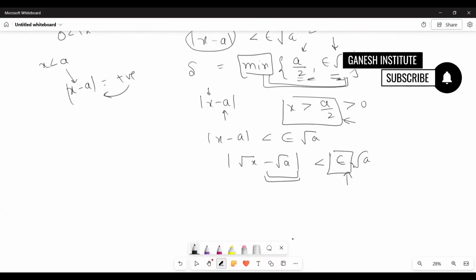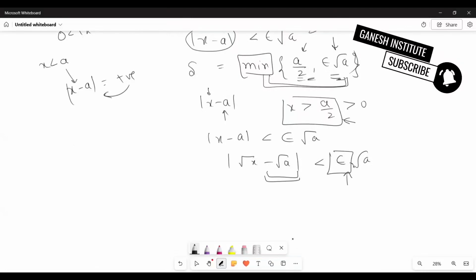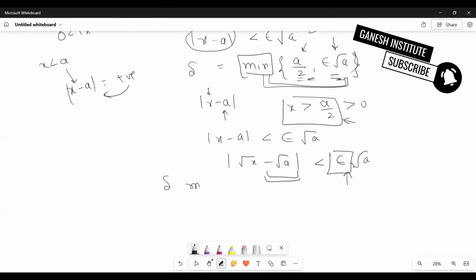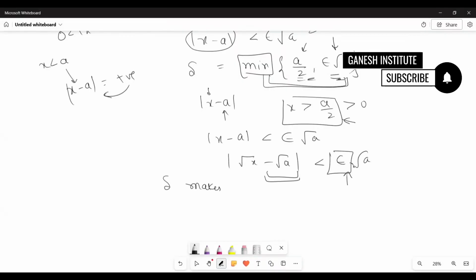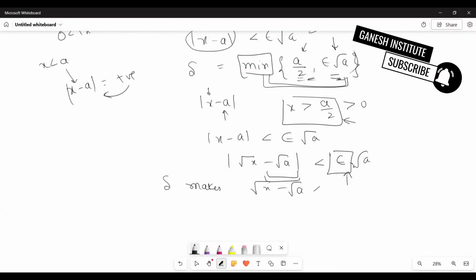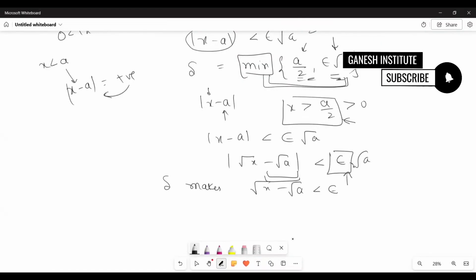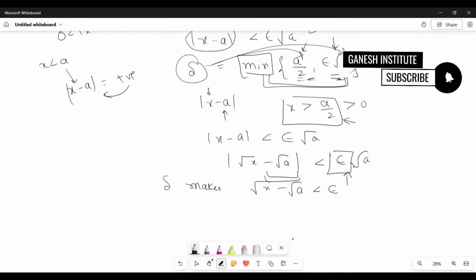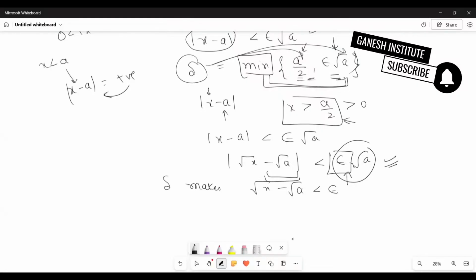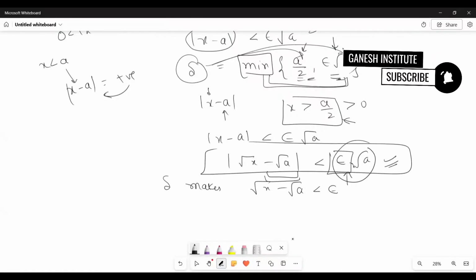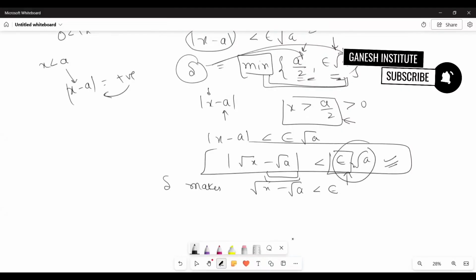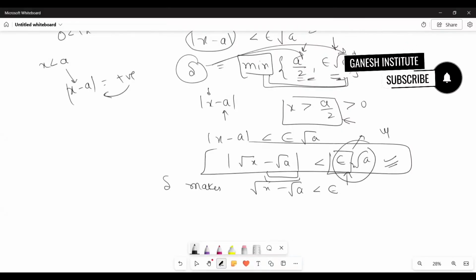That means this satisfies the formal definition. What? That delta is making root x minus root a less than epsilon. I have considered delta to represent in these two forms. And the final answer is this, which is in relation with a also giving me the lesser value. This is my upper bound.